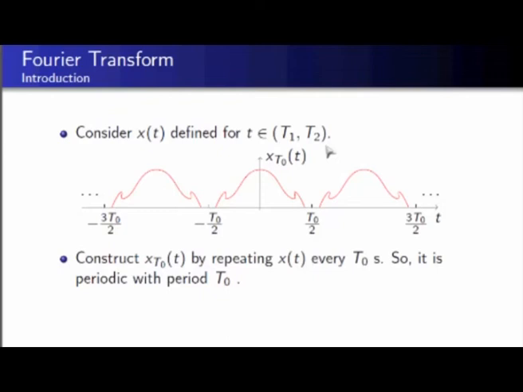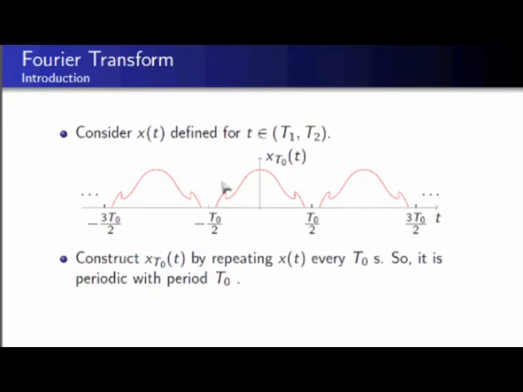So I take this signal x of t and repeat it in both directions in time every t naught seconds. T naught is completely arbitrary, it is left to me, right. So this was the original x of t, I have now repeated it an infinite number of times, positive and negative. So x t naught is periodic.